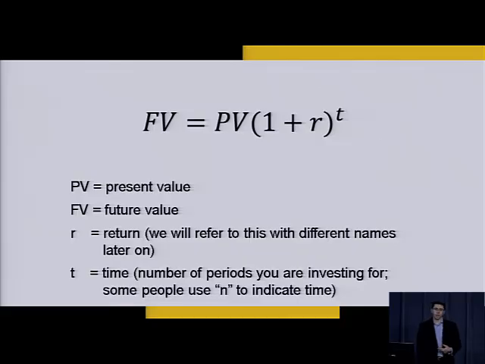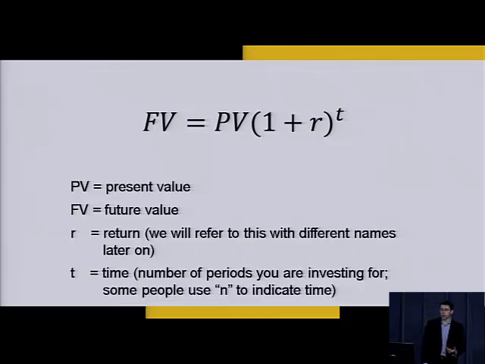So if you're investing in the stock market for 10 years and you have an annual return of 10%, your T is going to be 10 years, obviously. One of the most important concepts in finance when you use the time value of money is that your T, the number that you're using, should match up to the period over which you're estimating the return. So if you're using an annual return, you need to denote the number of years as your T variable.